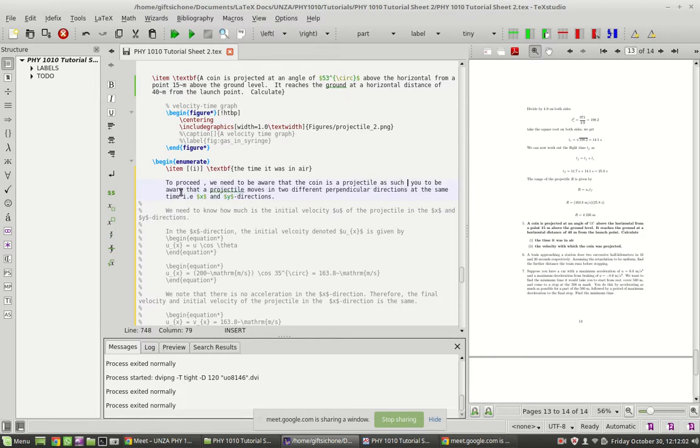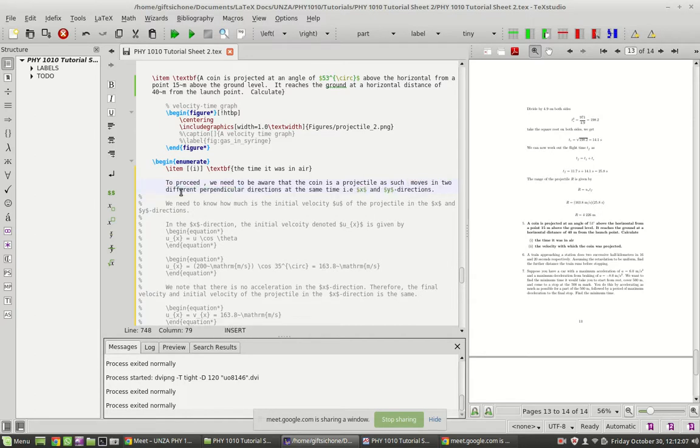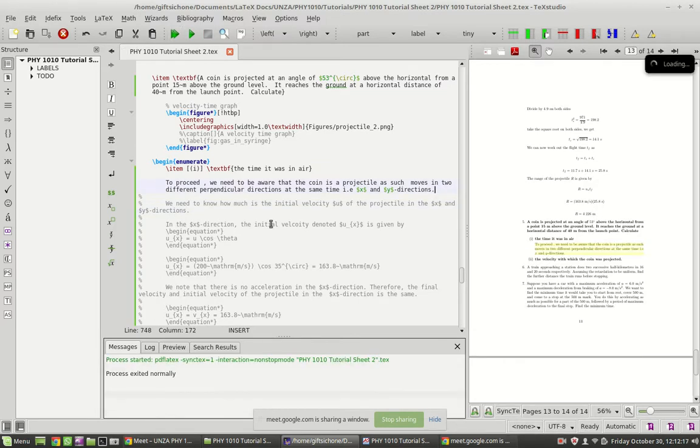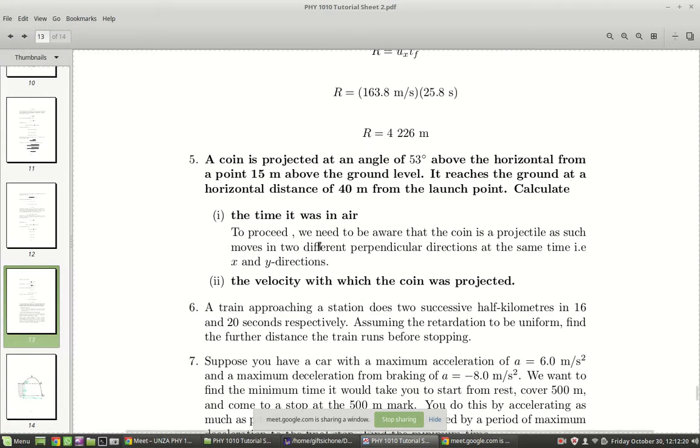As such, it moves in two different perpendicular directions at the same time, in the x and y directions. That's the first thing we're supposed to be aware of. Say this coin is moving along the x direction, the horizontal direction. It's also moving along the y direction.